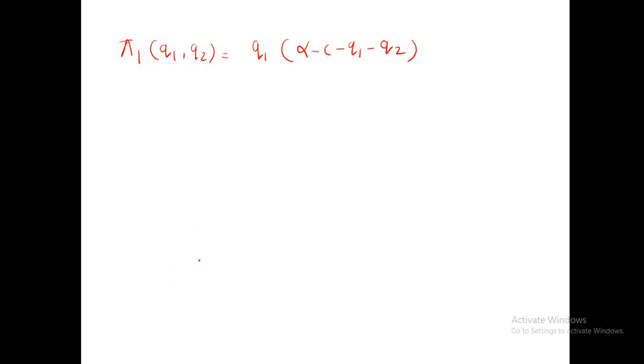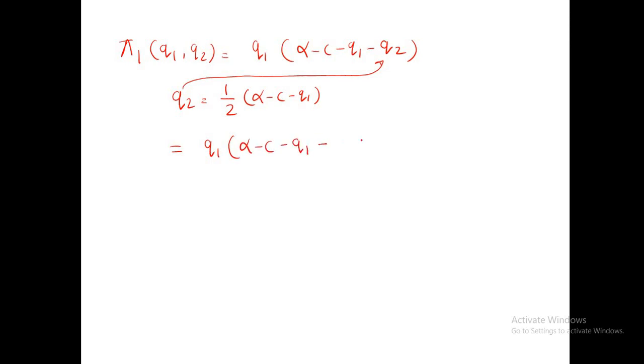Okay. Now this time we know the value of Q2. In the previous slide we already calculated the value of Q2, which is half of alpha minus C minus Q1. Now we will put this value of Q2 here and we will determine the profit. So the profit will be Q1 times (alpha minus C minus Q1 minus half of (alpha minus C minus Q1)).